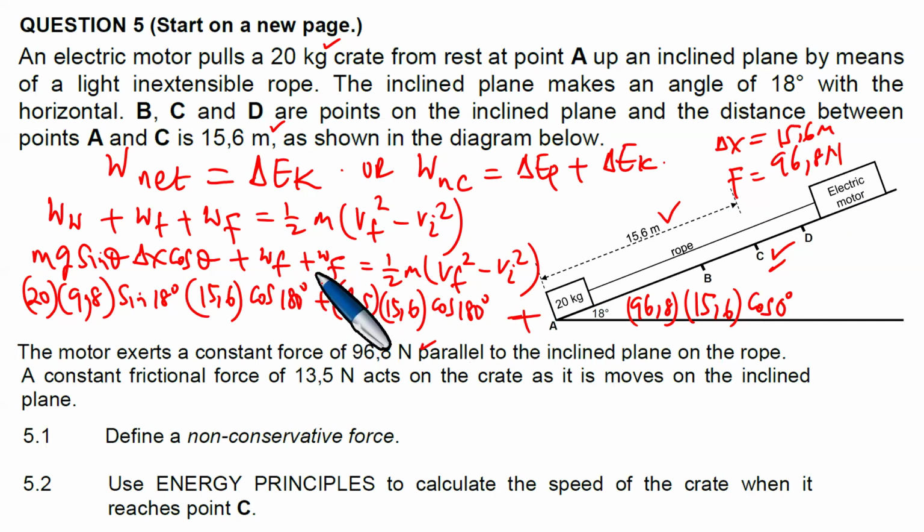So you're adding these: 1, 2, 3. This one goes with the work done by the weight. For friction, it's the second one. The work done by the applied force is the third one. And this is then equal to half the mass, which is 20, times Vf squared minus 0 squared.